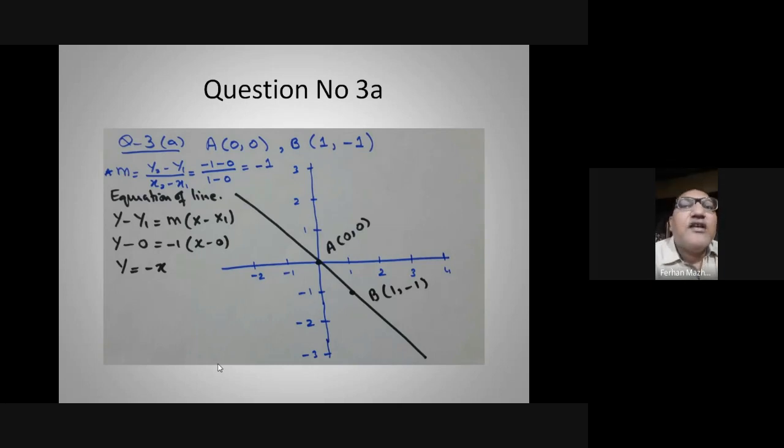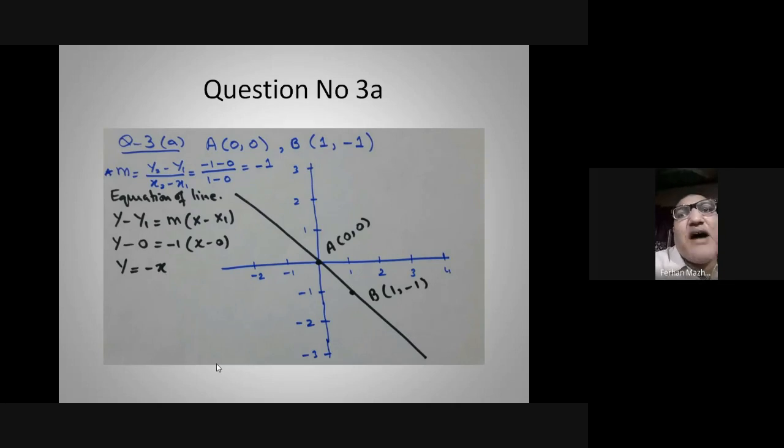Now I want to find out the equation of this black line, the AB line, this graph. So the procedure is simple. The first step is you will find the gradient, m. The formula is y2 minus y1 divided by x2 minus x1.